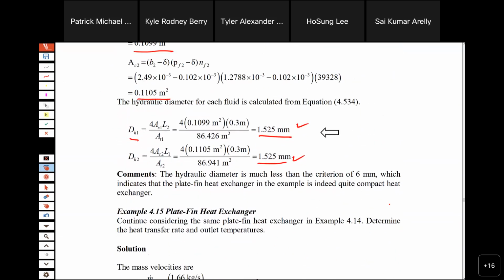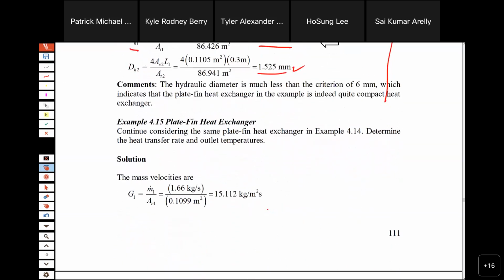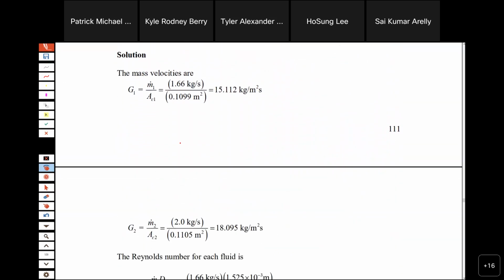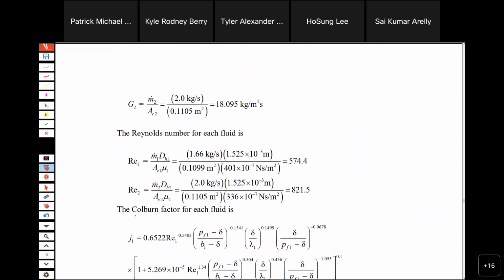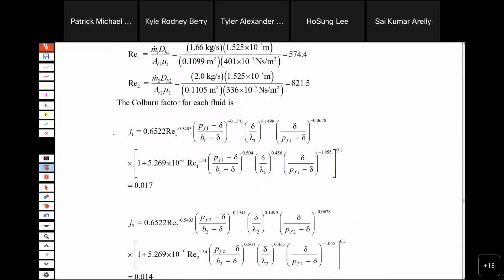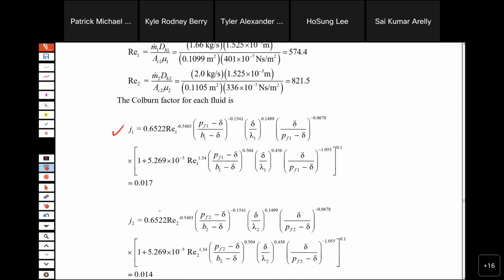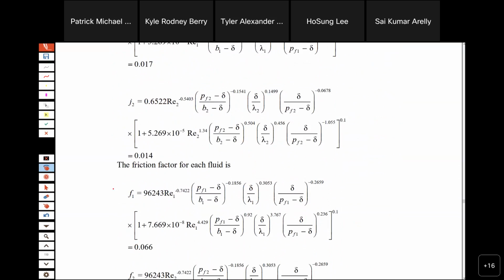Yeah, that's the example. But we can continue in terms of mass velocity and the Reynolds number, and then calculate the Colburn factor and the friction.